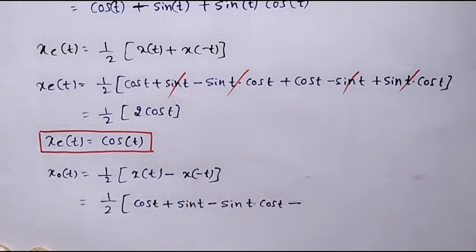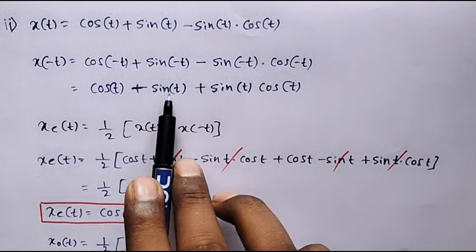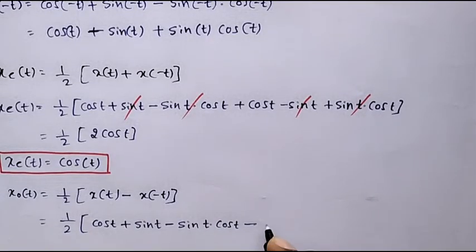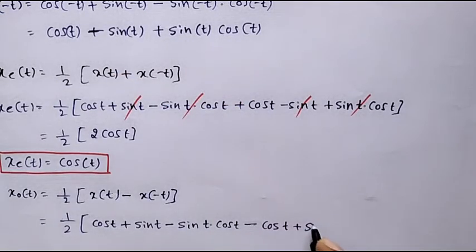Here we have minus x of minus t, that is cos t minus sin t plus sin t into cos t, that is cos t plus, minus minus will become plus, sin t minus sin t into cos t.